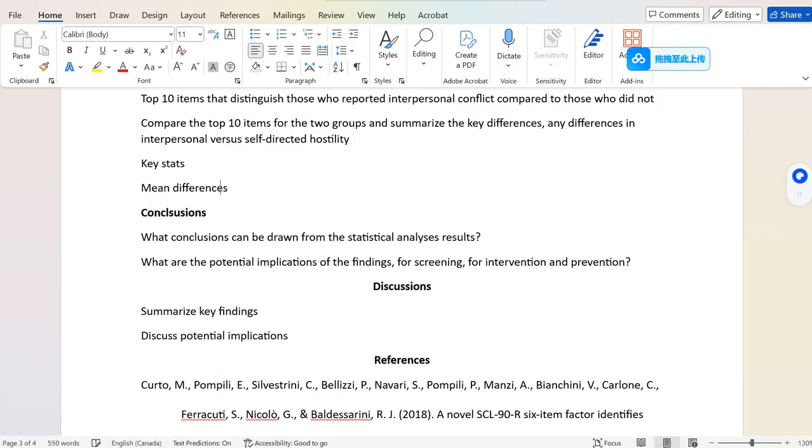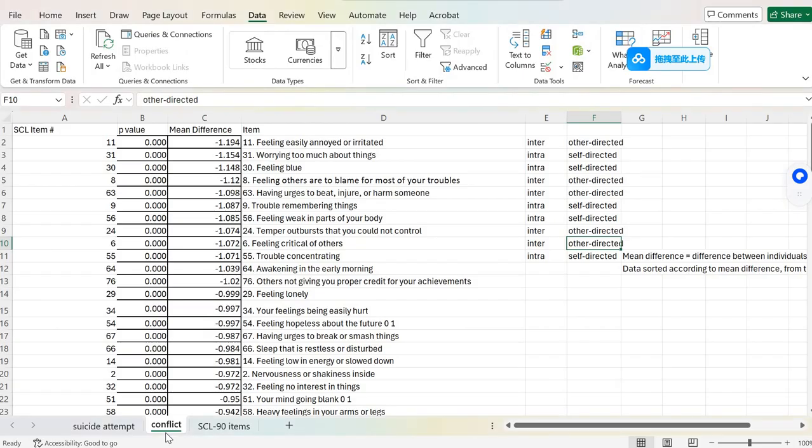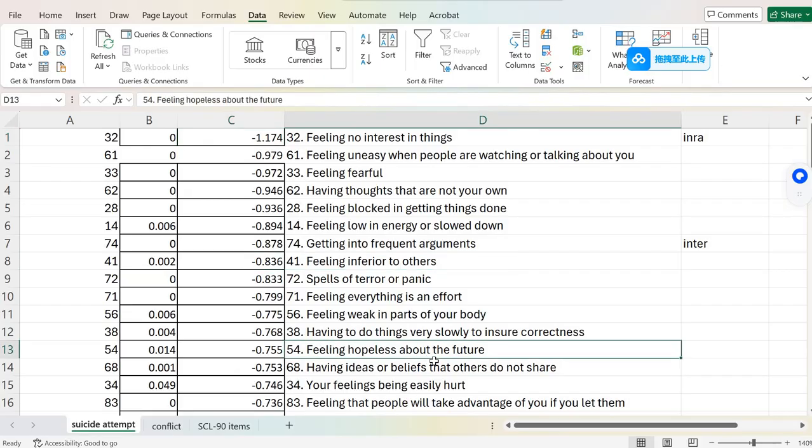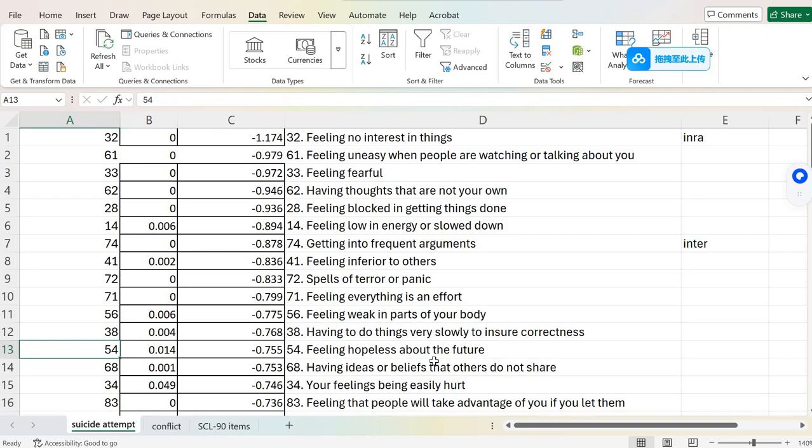You don't have to report each difference. Here you have 10 differences for conflict, 10 differences for suicide. If you report each one of them, that might be too wordy, too complex. It's sufficient to report the range of the smallest difference on the top 10 to the largest.